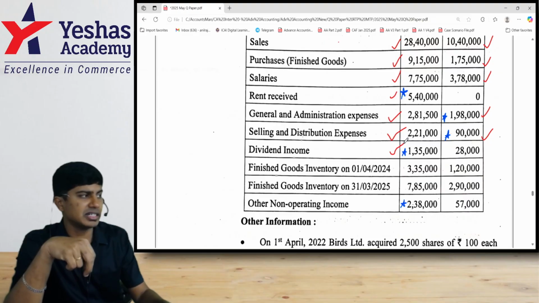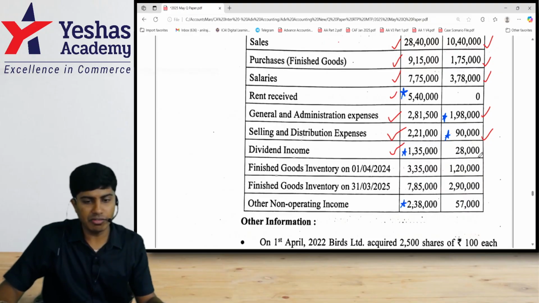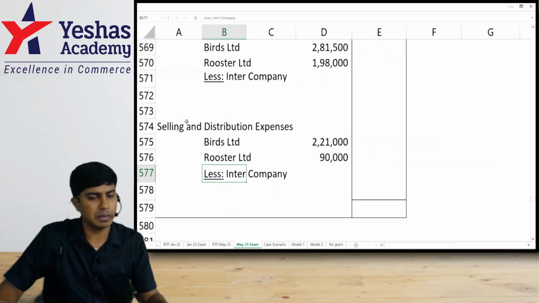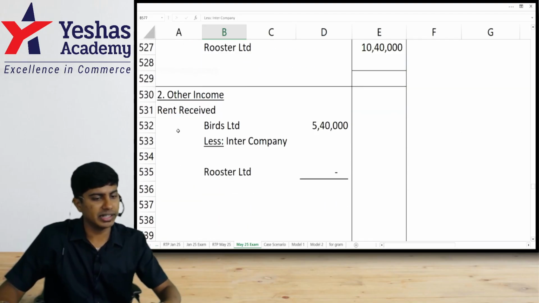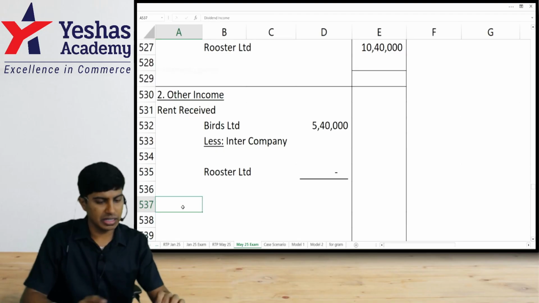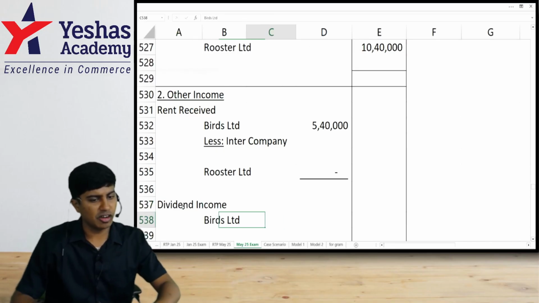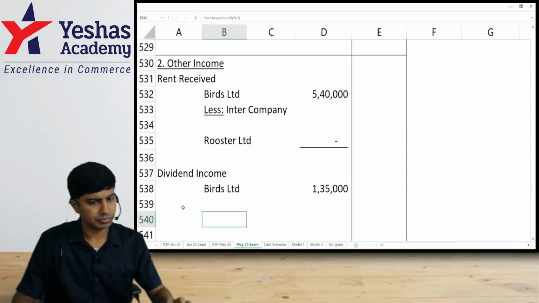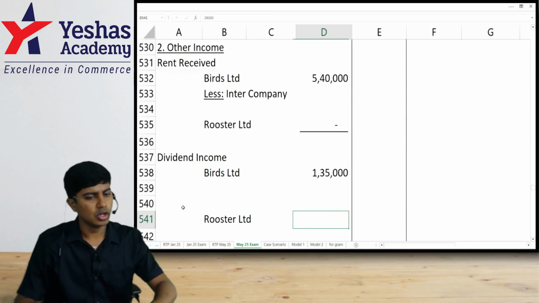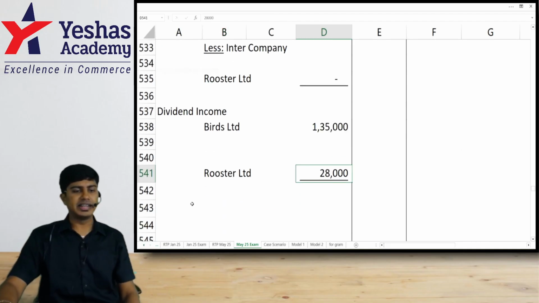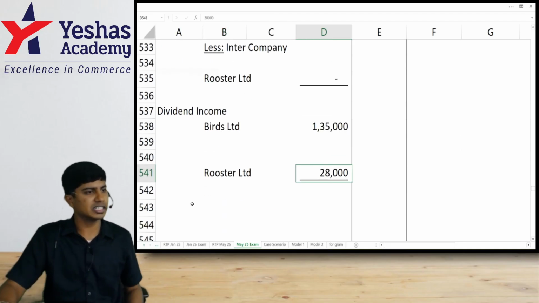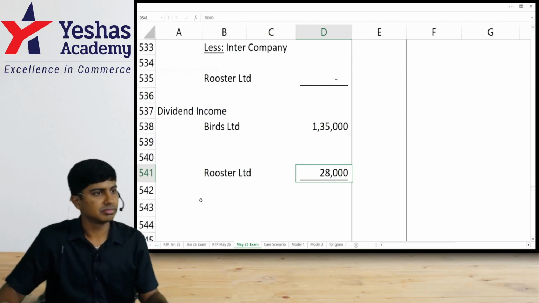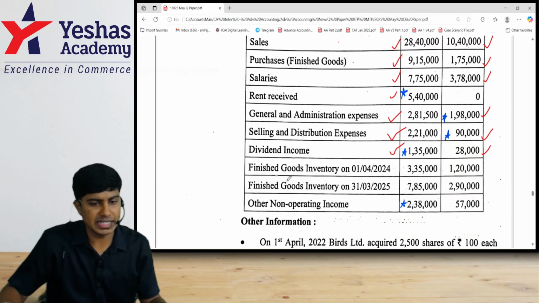Only when I read the adjustment, I'll get to know. 135 of holding, 28 of subsidiary. I'll take you all to other income. I would write here dividend income. That of Birds 135. That of Rooster 28. I'll keep that space open for the adjustments which I would have to do later. Is that okay? What is next?